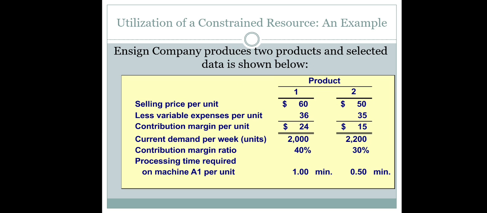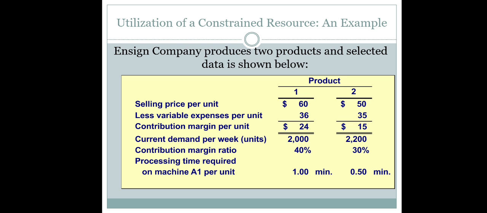This is a business, and you can see the selling price, the variable expenses, and the contribution margin per unit. Then you can see the demand per week, and the contribution margin ratio, and then the most important data: the processing time required on machine A1 per unit.